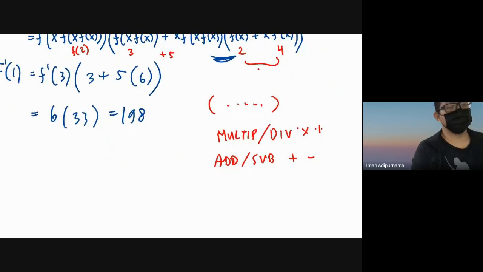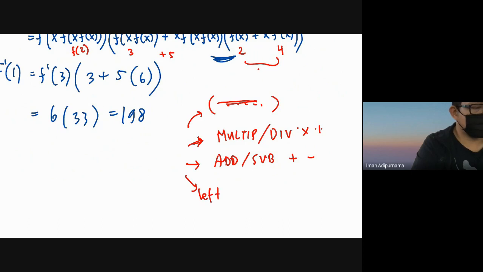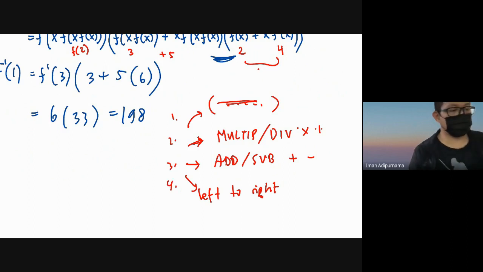Every time in mathematics, if you see any parentheses, start working with this first. If you see any multiplication after the parentheses, start working with this, and then the latest part will be the addition or subtraction. Or if all the same, start from left to right. So this is the priority to check. Okay? Sometimes we forget this.